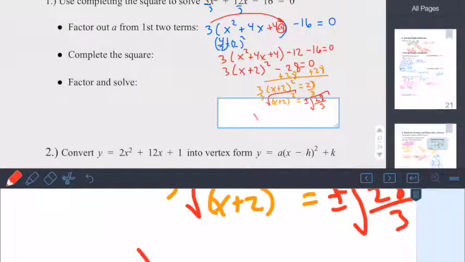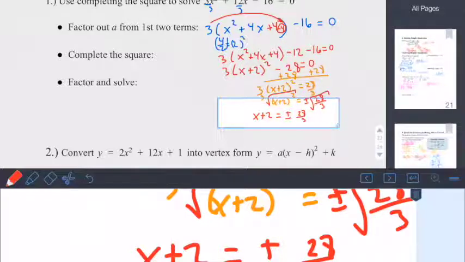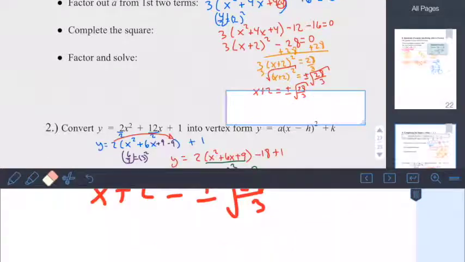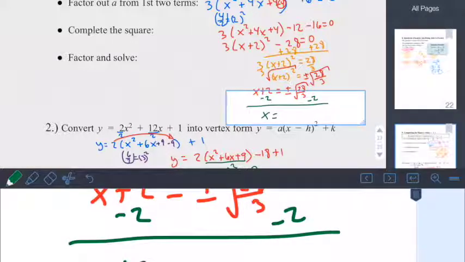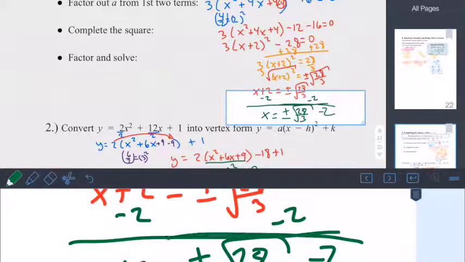So then I get x plus 2 equals plus or minus square root of 28 over 3, and I'm not even going to bother with that. Then we subtract 2 from both sides. So we have two answers. We have plus and minus square root of 28 over 3 minus 2. Maybe I could do more with that, but for now, that's fine.